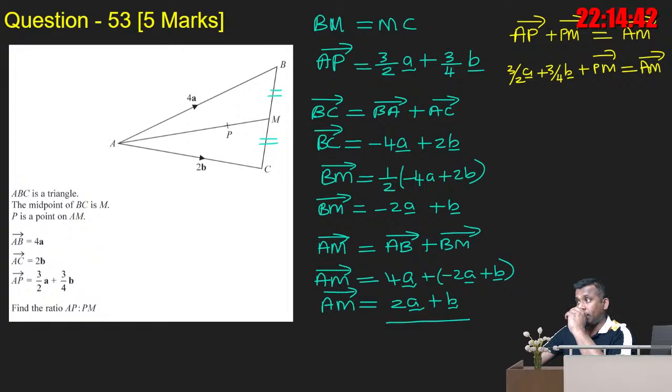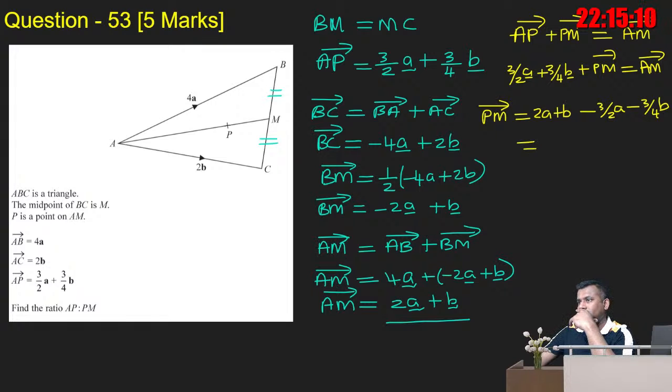I don't have enough space there, so I'm just going to do that. From that, you can find out the PM vector. PM vector is the AM vector, which is 2a plus b, minus 3 over 2a, minus 3 over 4b.